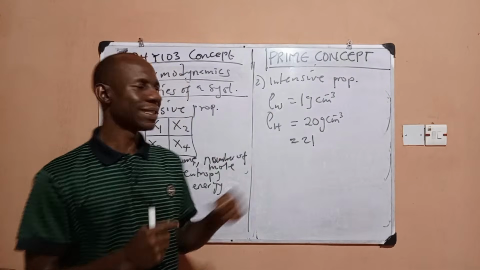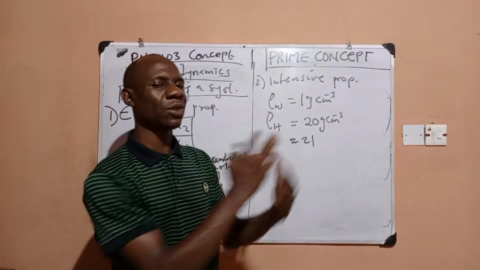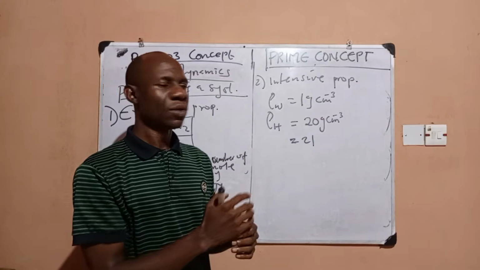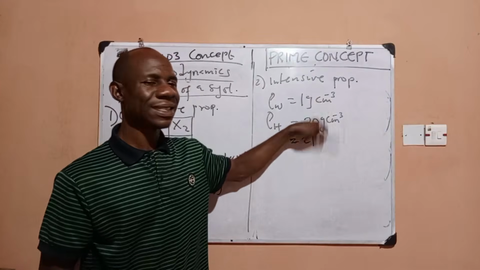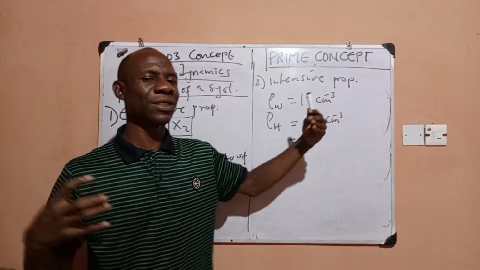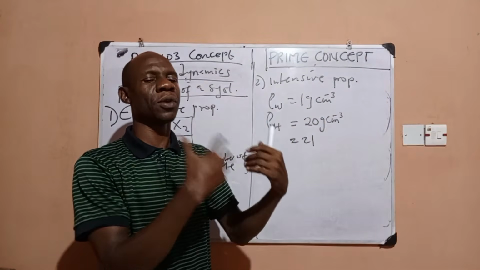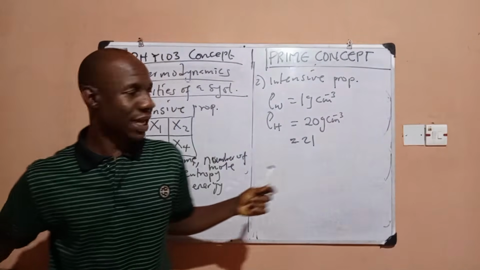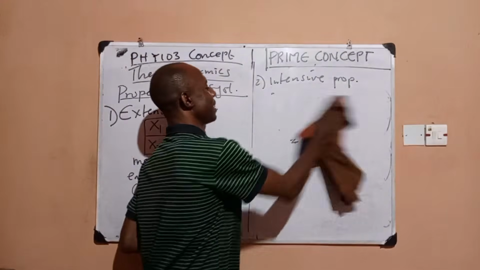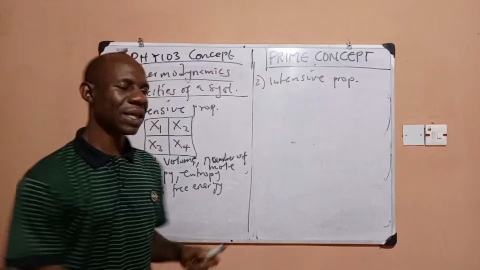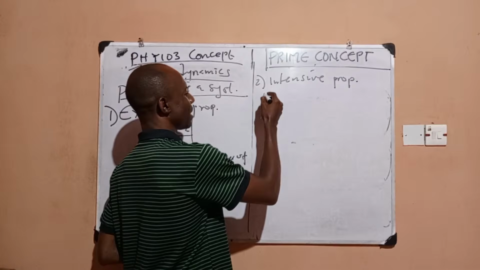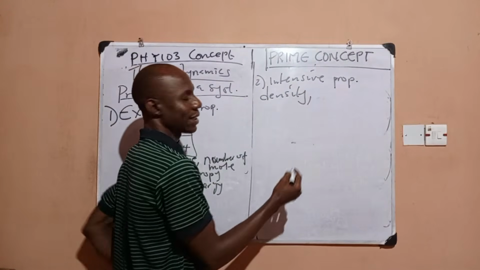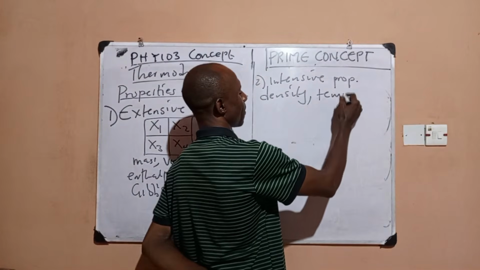So density does not add up. Density does not do what? Add up. So intensive properties are these kind of properties that don't add up. You don't add up the property of each part to get the property of everything. No. So this kind of properties are intensive. So number one example of intensive property is density. Another example is temperature.